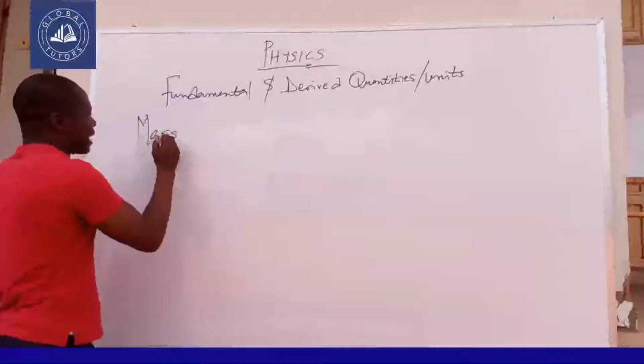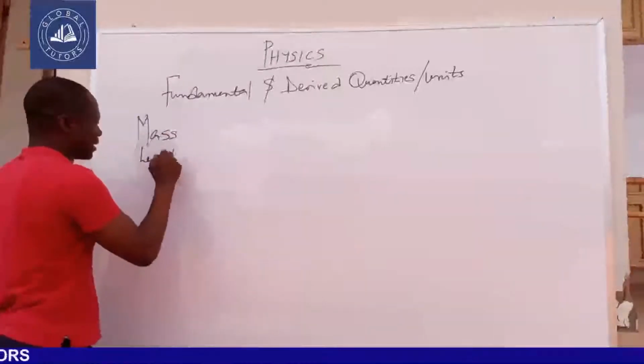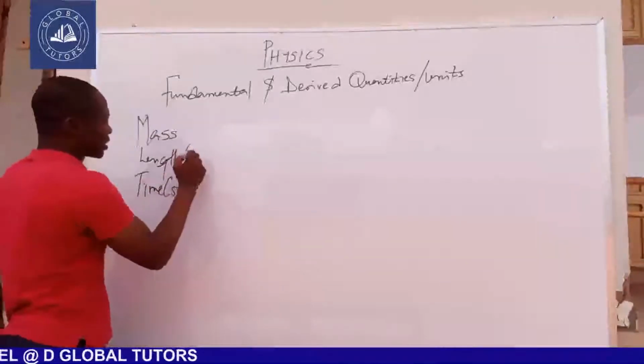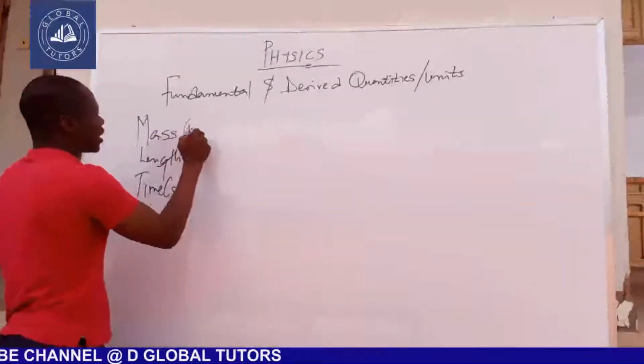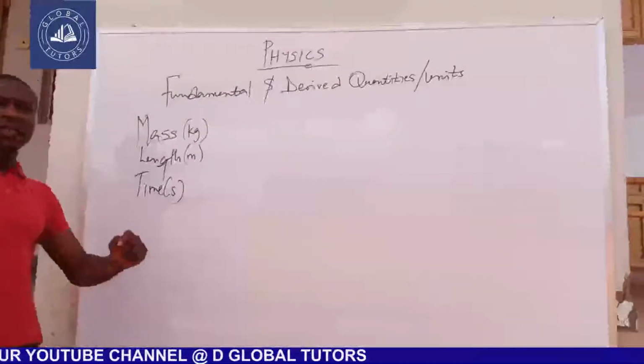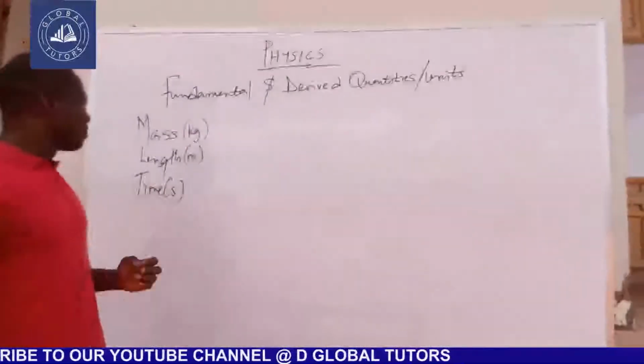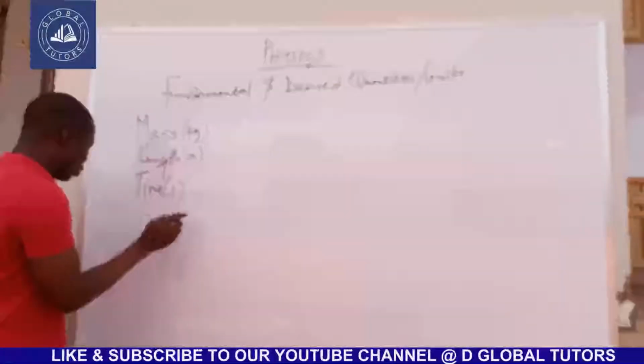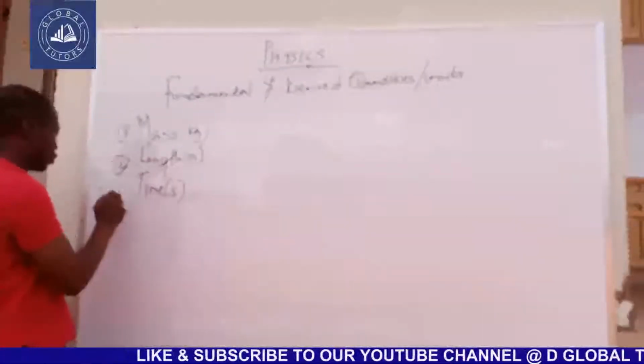The remaining quantities are number 4. Let's say this is 1, this is 2, this is 3.